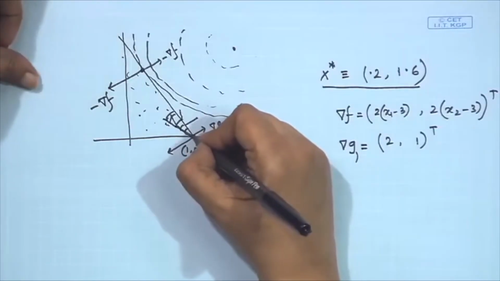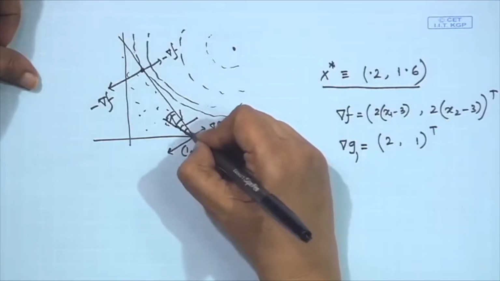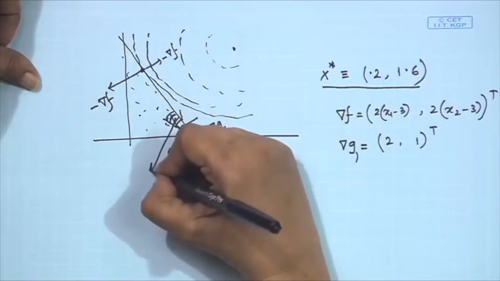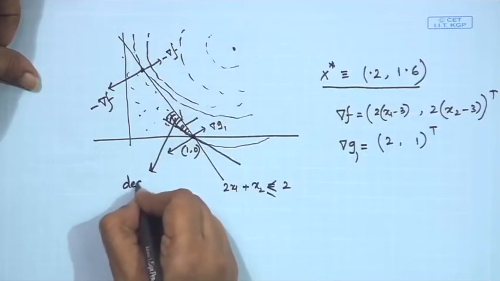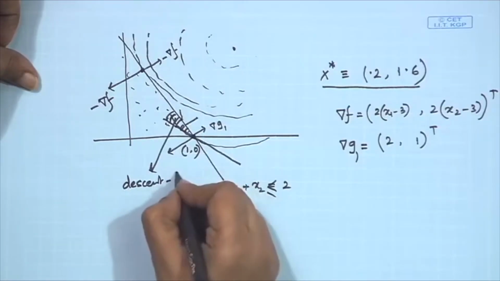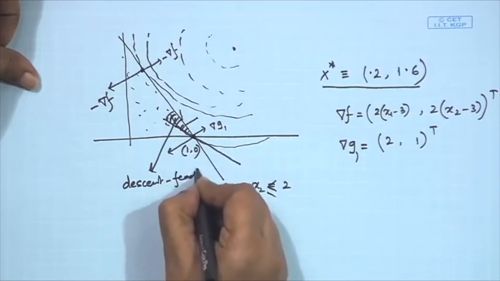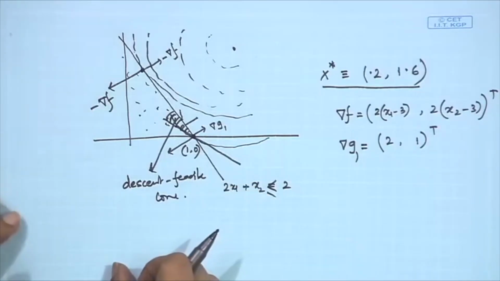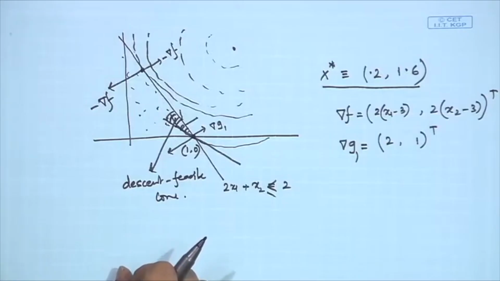Intersection of two spaces can only happen in this region. That is why we can say this region is the descent feasible region, that is the cone. That was the question given to you.